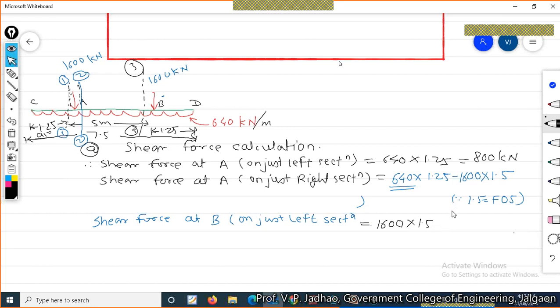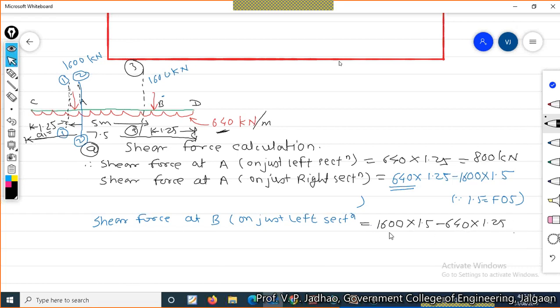Why 1.5? Because we are considering 1.5 as factor of safety. And this 640 multiplied by 1.25 is going in the upward direction. Therefore, 1600 into 1.5 minus 640 into 1.25.